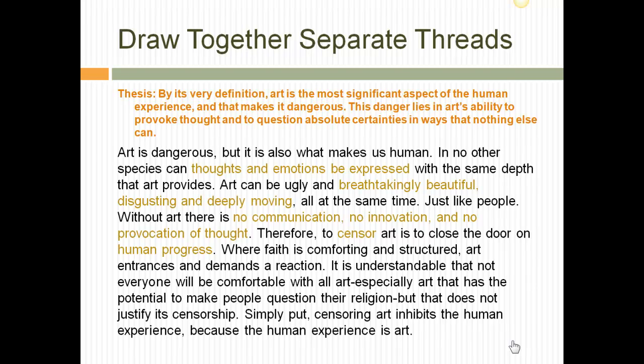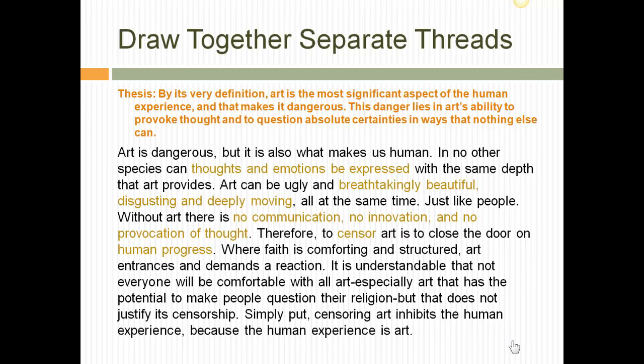So her thesis was, this is an example of one of those two-part theses, or how you can have two sentences that need to work together in order to build a thesis. So the thesis statement from her introduction was, by its very definition, art is the most significant aspect of the human experience, and that makes it dangerous. This danger lies in art's ability to provoke thought and to question absolute certainties in ways that nothing else can.